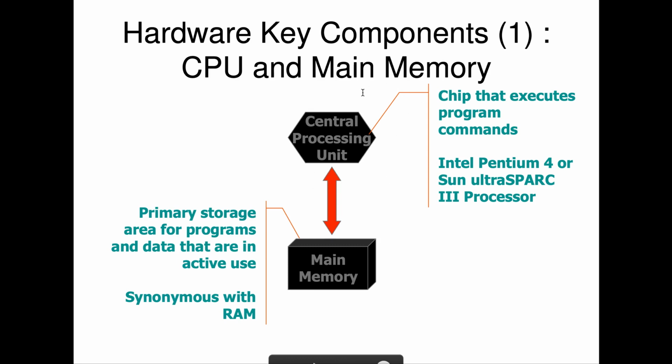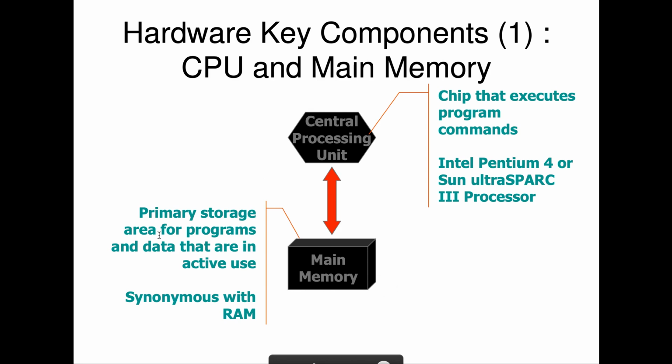In the central processing unit, there is a chip to execute the program commands. For example, for 1 plus 1, it will execute the plus. One example of a central processing unit is the Intel Pentium 4, from about 10 years ago. Now we have much more modern Intel processors, but the principle is the same.